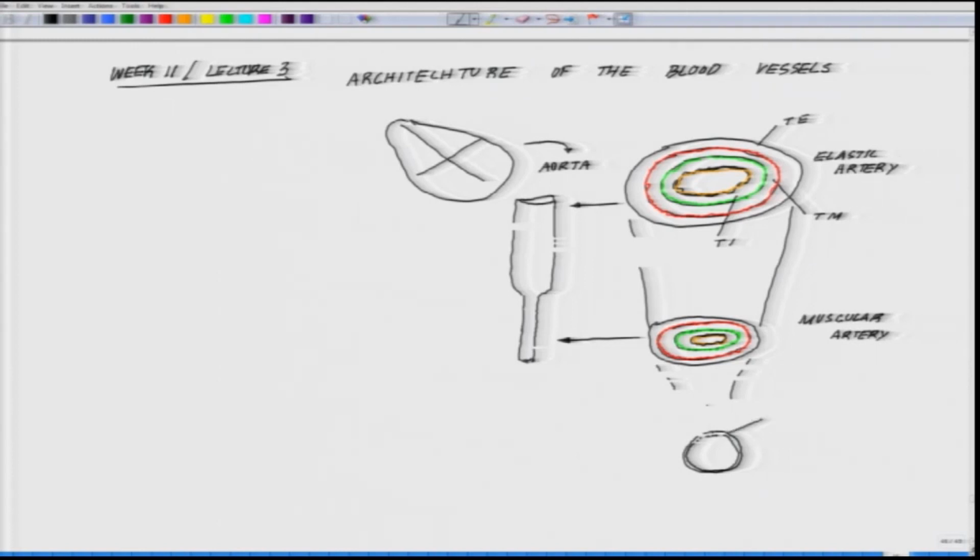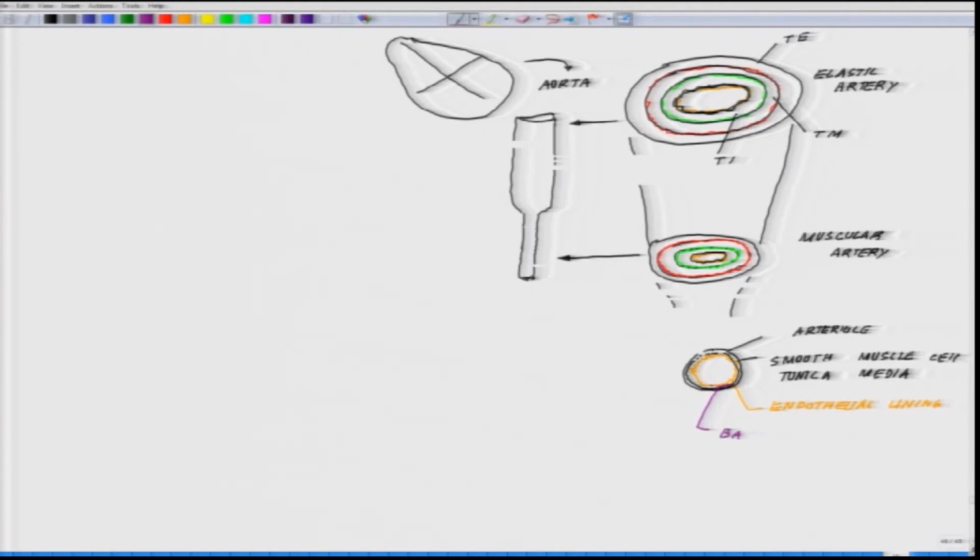So essentially what you have here is smooth muscle cells, that is tunica media, smooth muscle cell, tunica media, and you have the crippled endothelial lining, and you have the basement membrane on which the endothelial lining is sitting. So the thickness of the vessel is slowly decreasing further.